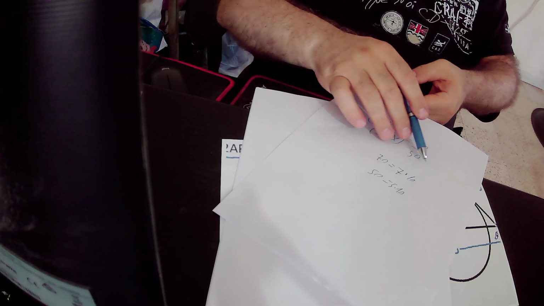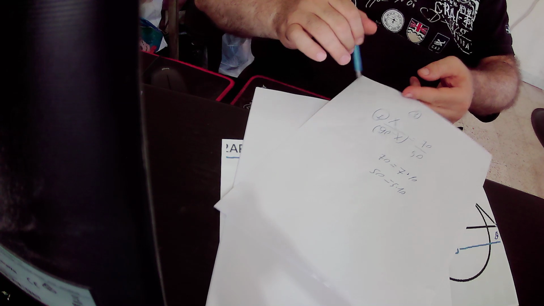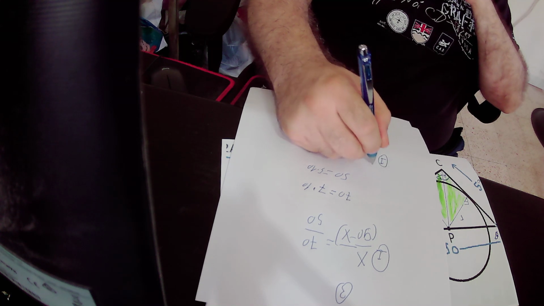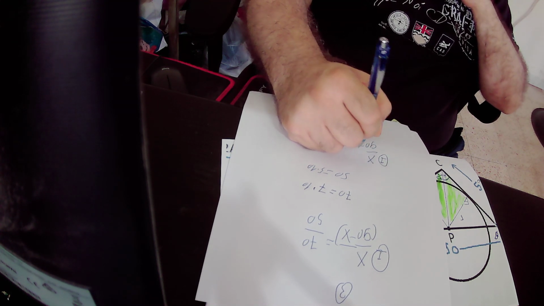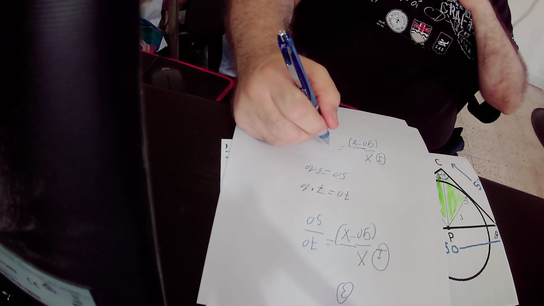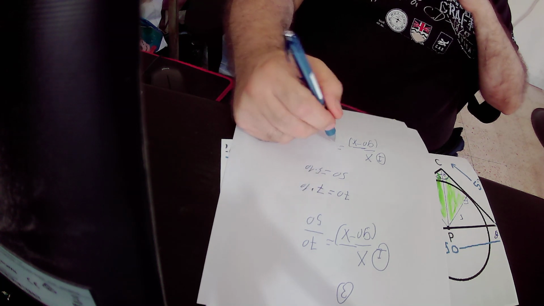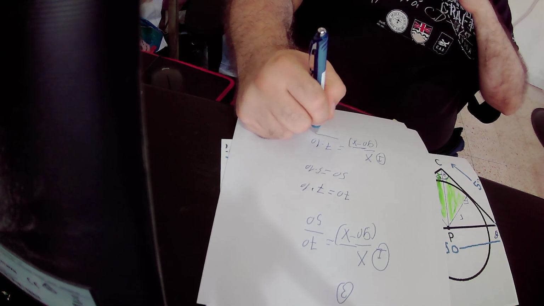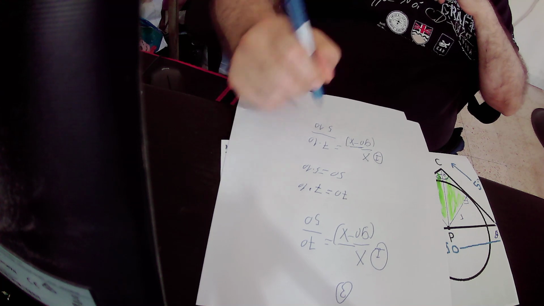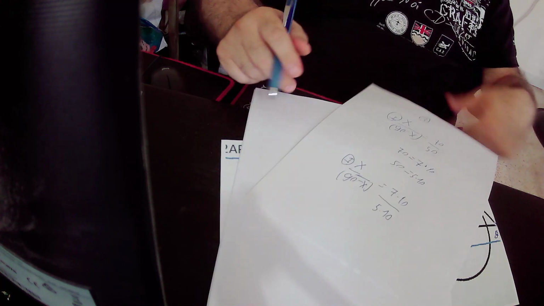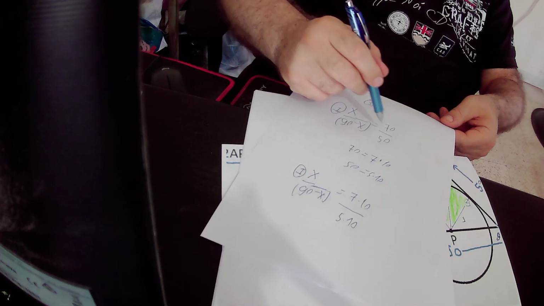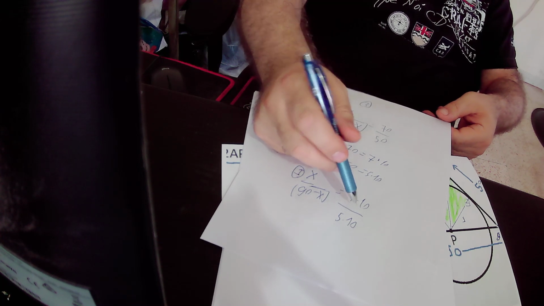So we get that x over 90 minus x equals, instead of 70 we will write 7 times 10, and instead of 50 we will write 5 times 10.